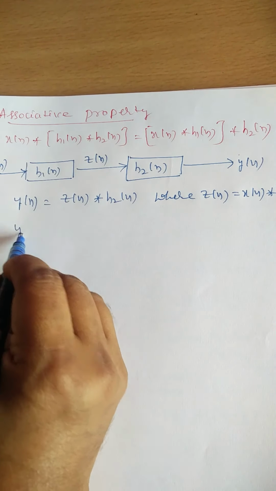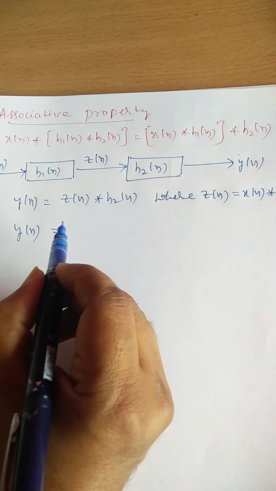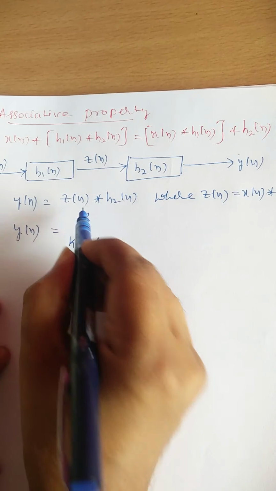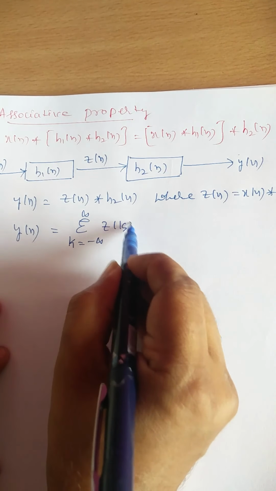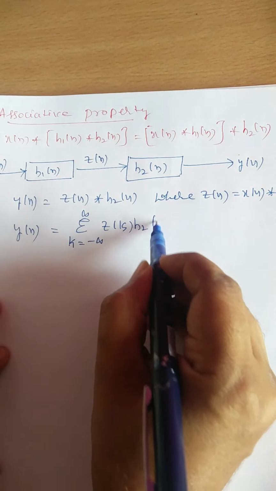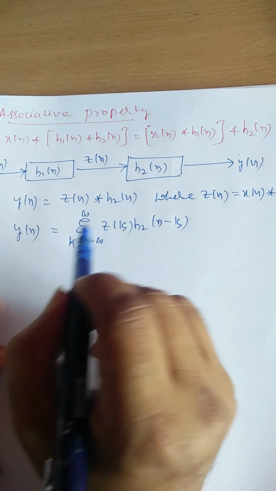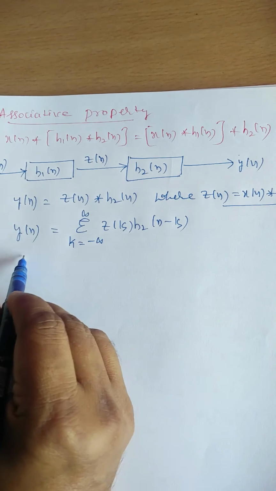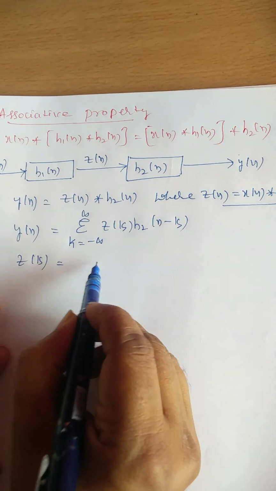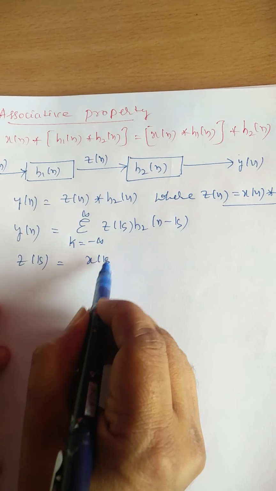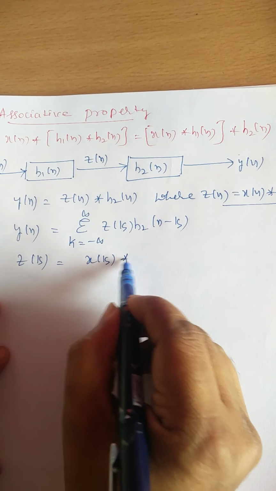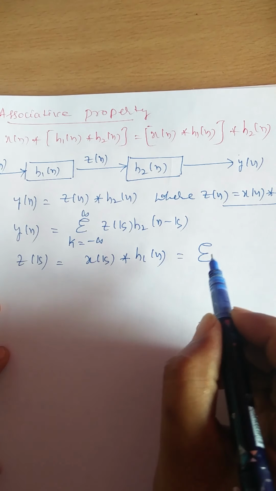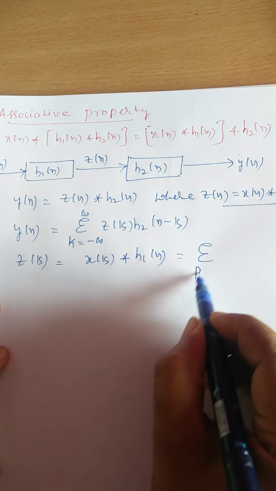Now from the convolution sum formula I can write that y of n equals summation of k tends from minus infinity to plus infinity z of k into h2 of n minus k. Now let us get z of k from this equation, that is z of k equals x of k, that is linearly convolved with h1 of k, that is equal to summation of p tends from minus infinity to plus infinity x of p h1 of k minus p.